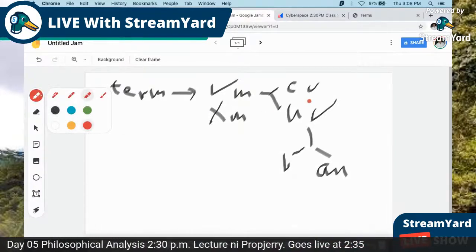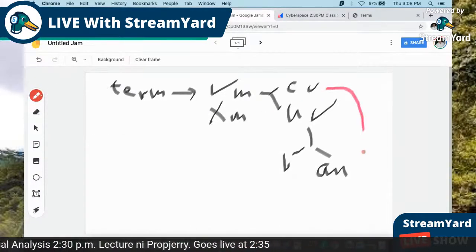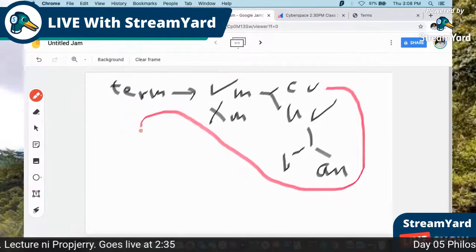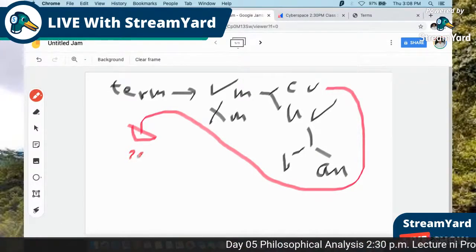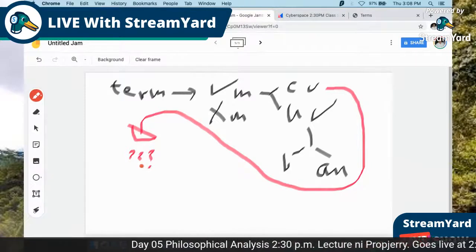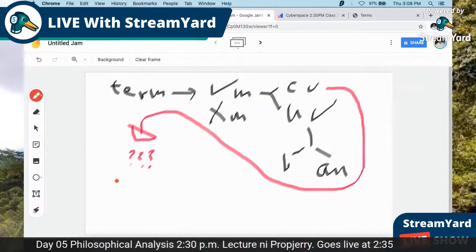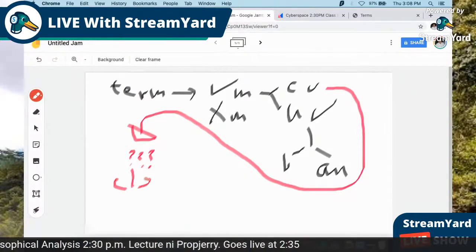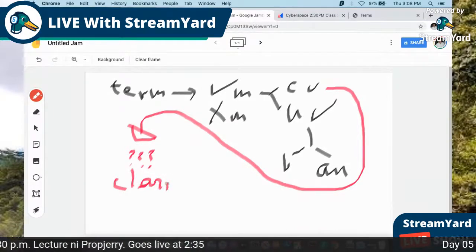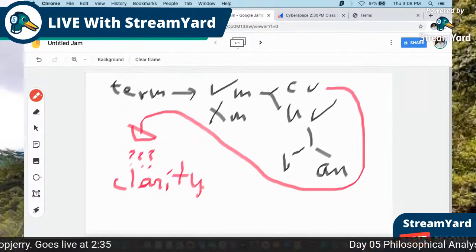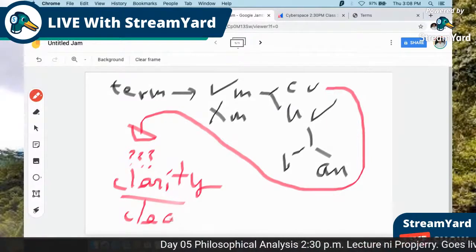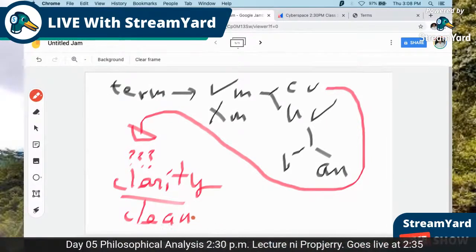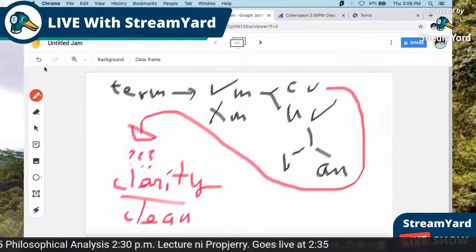Now, what about being clear? When your term is clear, what are you saying? What do you mean by your term being clear? Clarity of your term, it being clear, has to be clear to you.